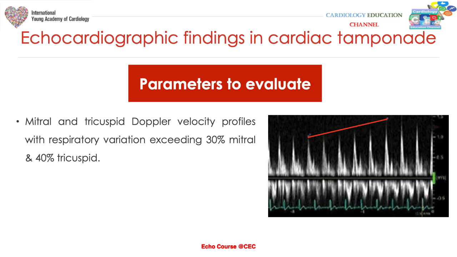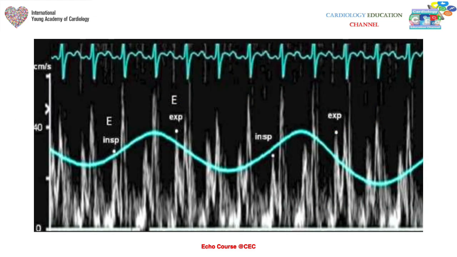You see the mitral and tricuspid Doppler velocity profiles with respiratory variability exceeding 30% in the mitral and more than 40% in the tricuspid. And this is a clearer image of this. You can see here the respirometer overlying the ECG and the pulsed wave Doppler at a very fast speed, 25 millimeters per second. You put a point over the E wave of each complex, and then you measure the difference in inspiration and in expiration.